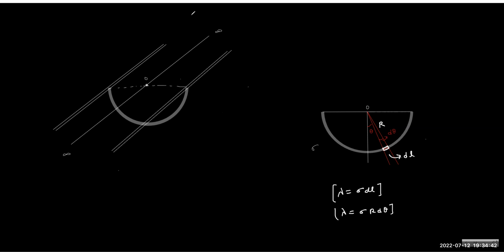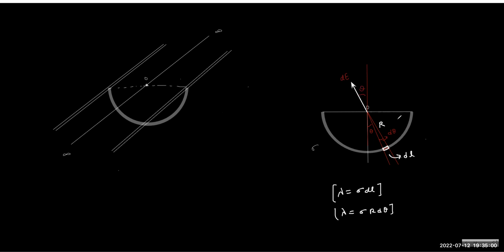This will create the electric field this way for sure. Any infinite wire will create the field in the radial direction, correct? So this will be the dE.